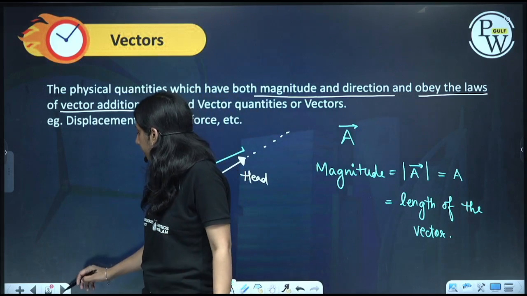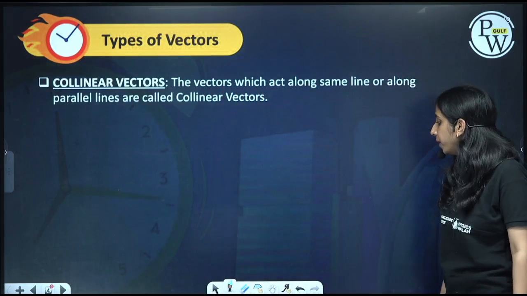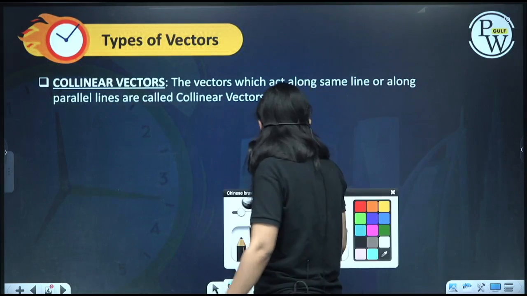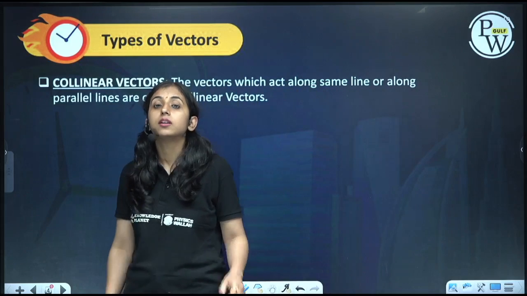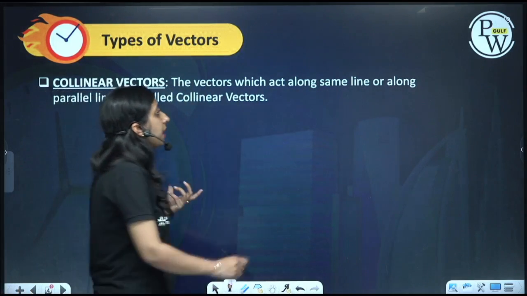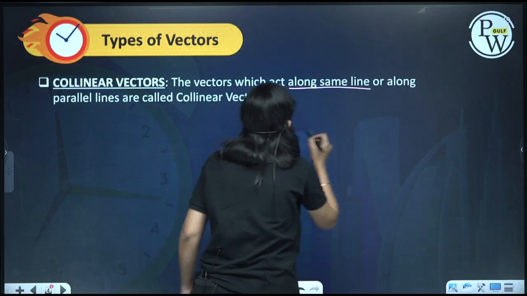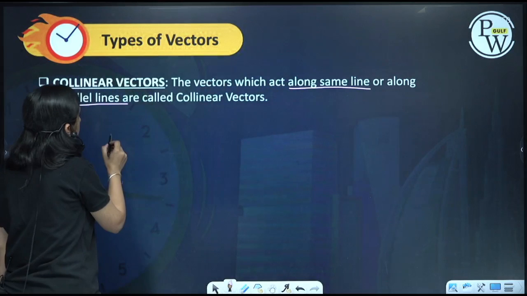Is it clear? So, see, types of vectors. How many types of vectors are there? There are many types of vectors. First is collinear vectors. Those vectors which act along the same line or along parallel lines are called collinear vectors.